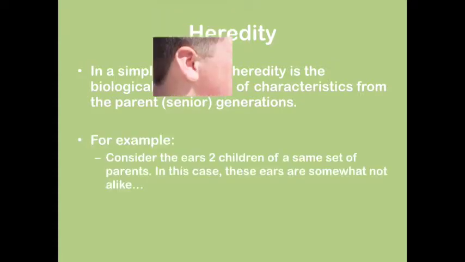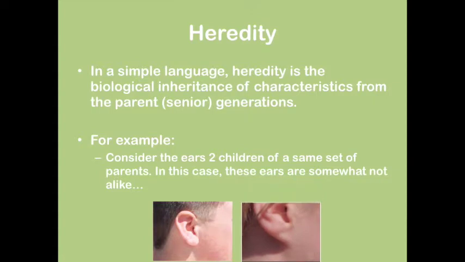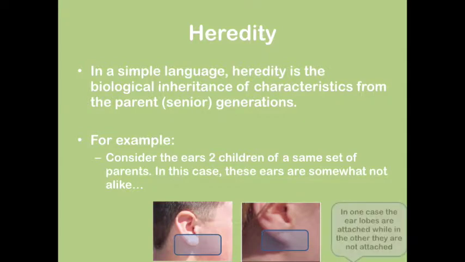For example, consider these 2 ears of the children. In this case, these ears are somewhat not alike. You can clearly see that in one case the ear lobes are attached and in the other case they are detached. Please have a look carefully.